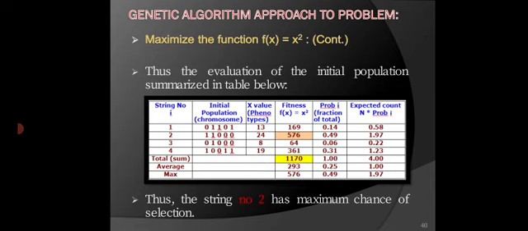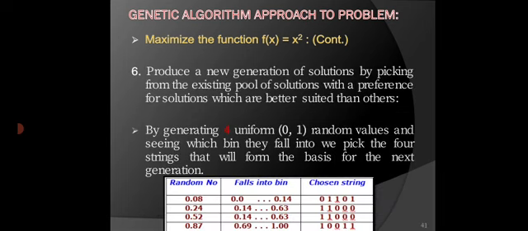For that, the f(x) value is this, and for probability p_i, multiplied by n, we get the last column. Thus from this, the f(x) value 576 is maximum for string number 2. String number 2 has the maximum chance to be selected.